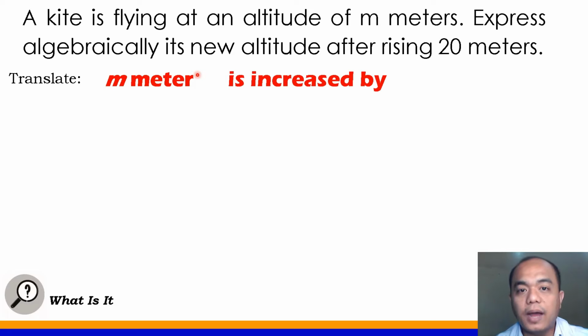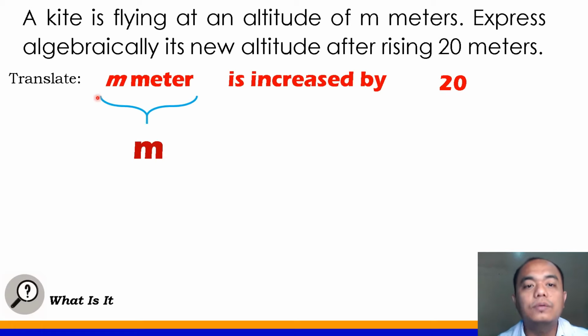is increased by 20. So, ito, mga phrases na to at saka yung symbol na to ay nanggaling sa ating problem. So, hihimay-himayin natin. Let's associate all this into symbols. Of course, m meters can be translated into m.